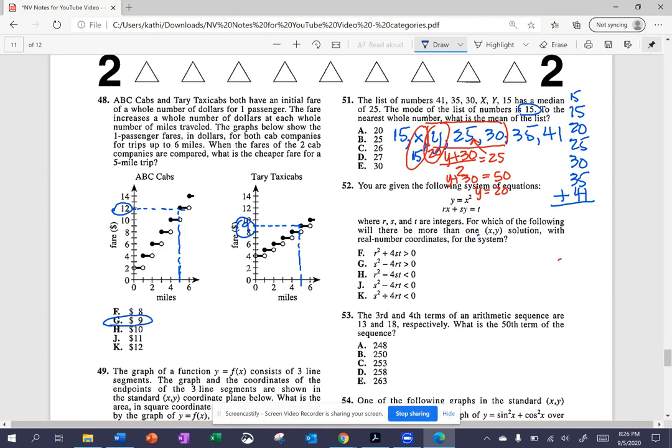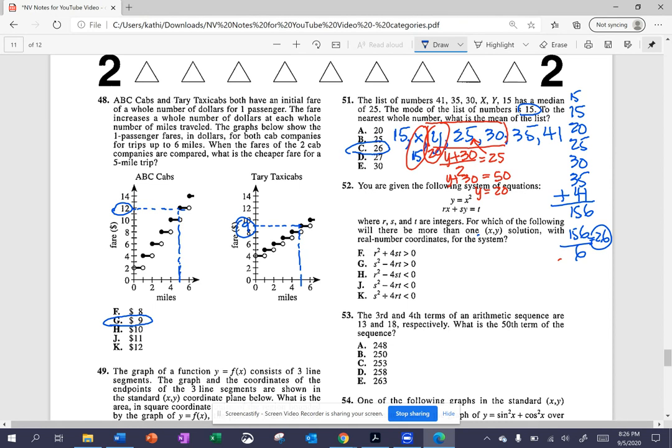I get 156. And then I'm going to take 156 and divide it by 6. And I get 26. So my mean, the average of my list, is 26.